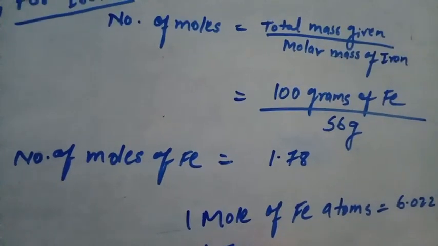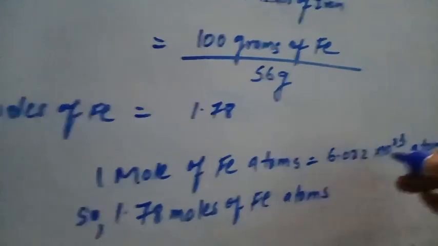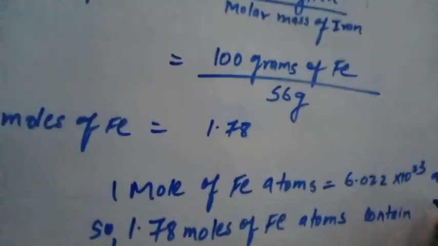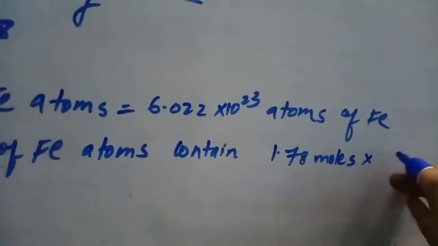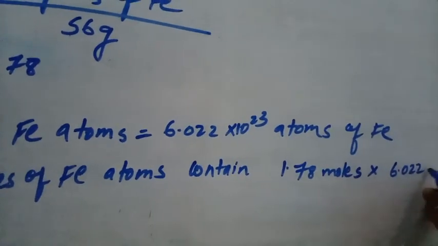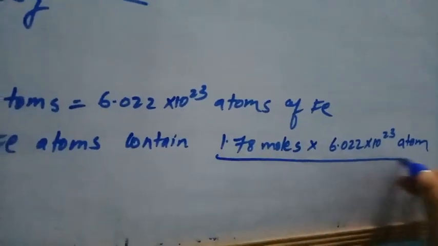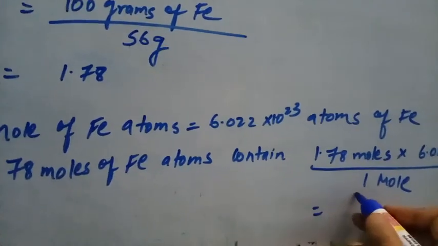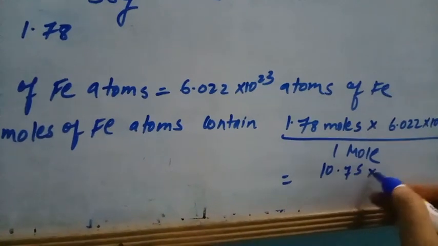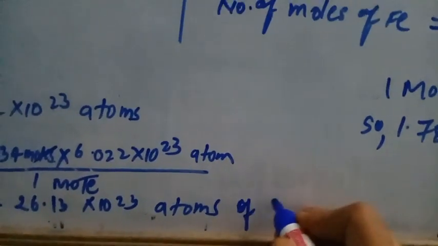So 1.78 moles of iron atoms contain 1.78 moles into 6.022 into 10 to the power 23 atoms divided by 1 mole, and we will get 10.75 into 10 to the power 23 atoms of iron.